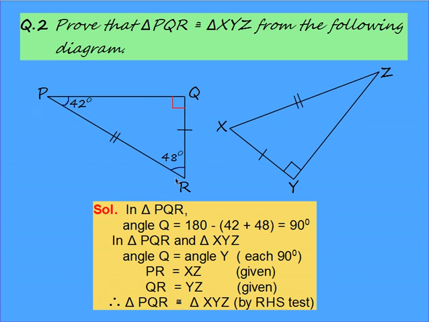So the hypotenuse is given equal, PR is XZ, and one side is given, QR and YZ. So if you see here, these two angles are given equal, each 90 degrees, and then PR is XZ and QR is YZ. So I easily applied my RHS test. So triangle PQR is congruent to triangle XYZ using the right angle hypotenuse side test.